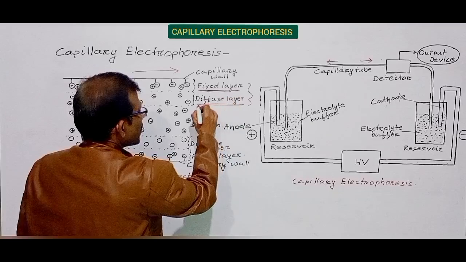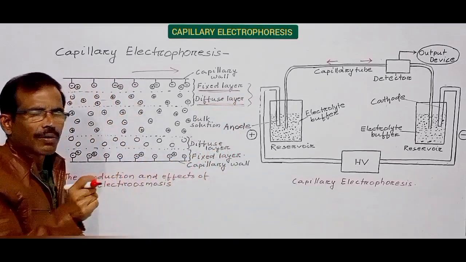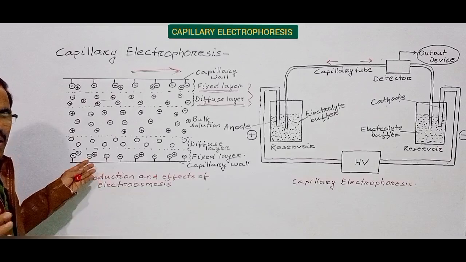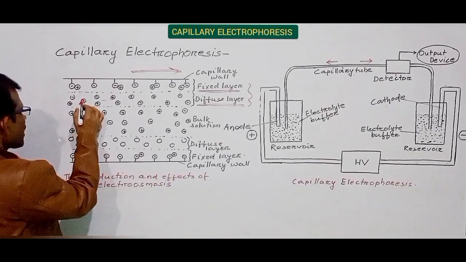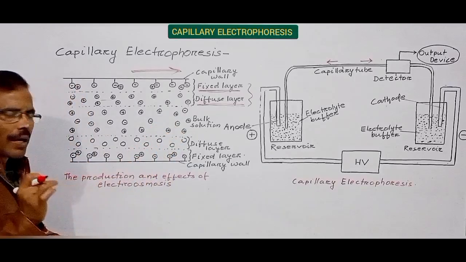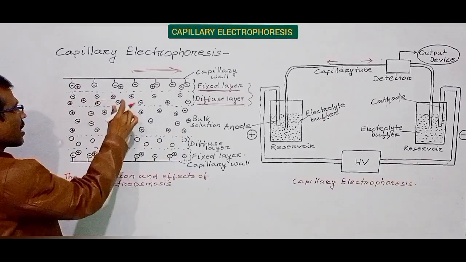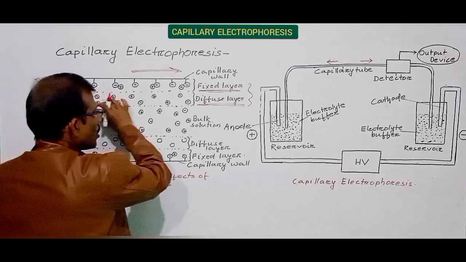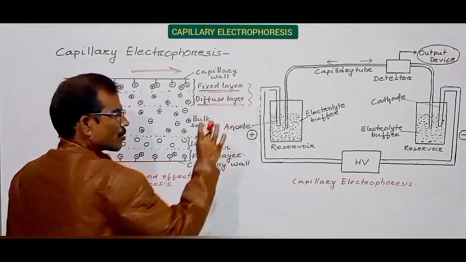Fixed layer and diffuse layer together form the double layer. Under the influence of the electric field, these cations will migrate towards the cathode. As these cations are solvated, the bulk solution is also pulled along towards the cathode.